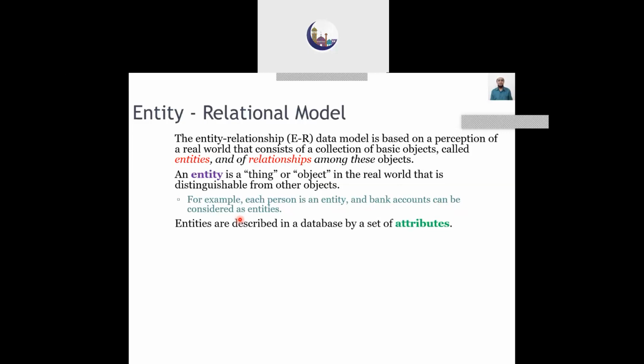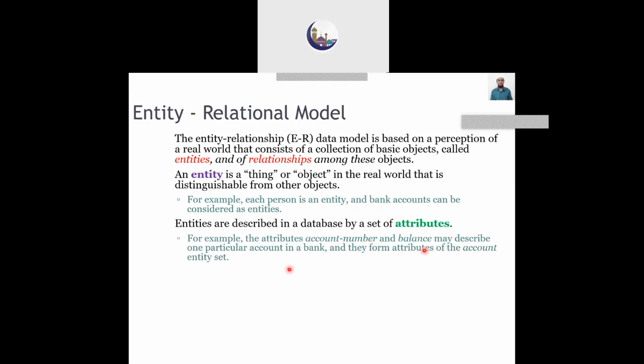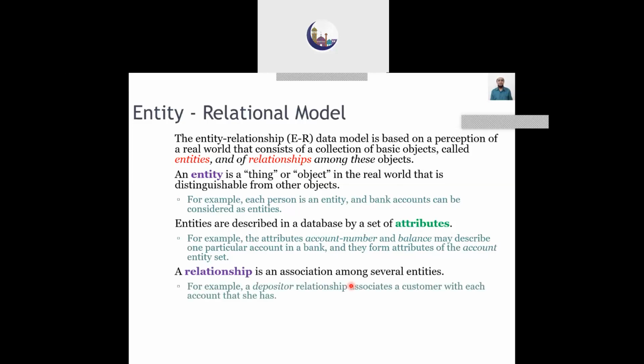There may be marks, and there may be the address where they live. All those things are called attributes. So entities are described with a set of attributes. For example, account number and balance are used to describe a particular account in a bank. Relationship is the association or linkage between various entities.